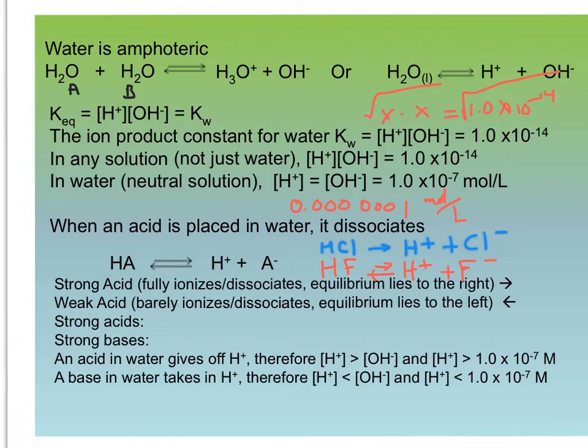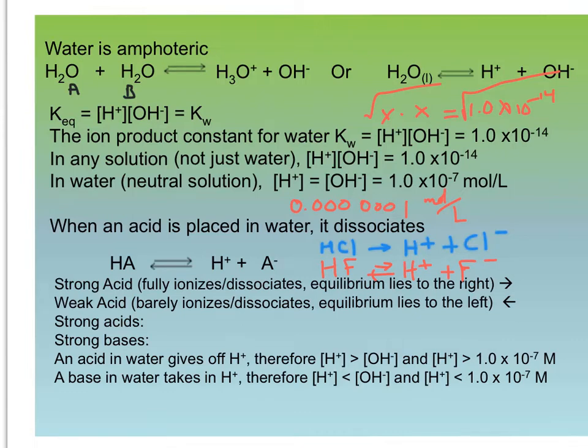There are six strong acids. All other acids are weak. There are thousands of different acids. Only 6 of them fully dissociate 100%. The other ones are weak, which means they partially dissociate or ionize to different extents. Let's list the 6 strong acids.